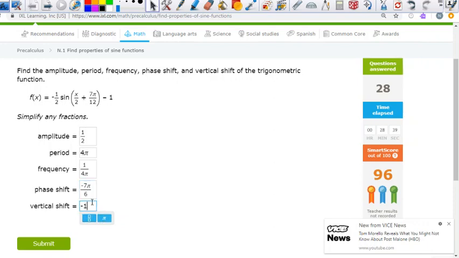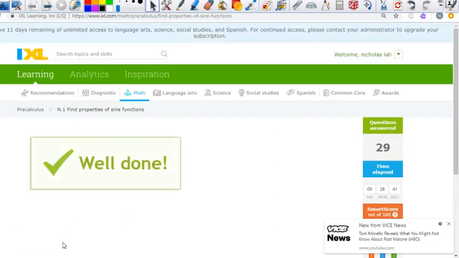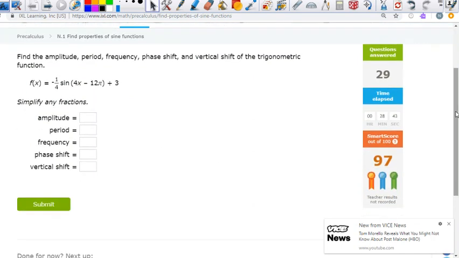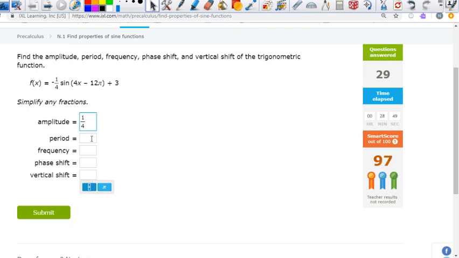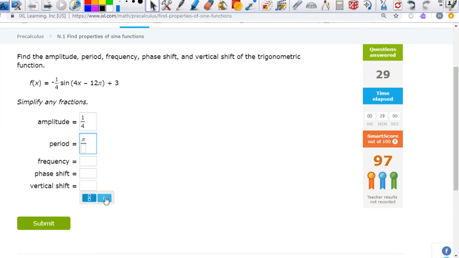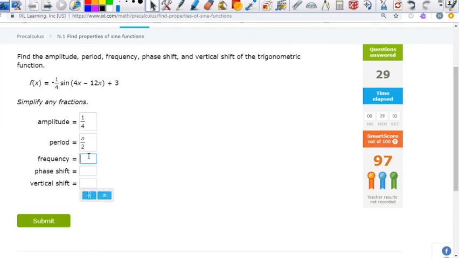Vertical shift, -1. Amplitude is 1/4. Period is 2 pi over 4, which would be pi over 2. Frequency is 2 over pi.